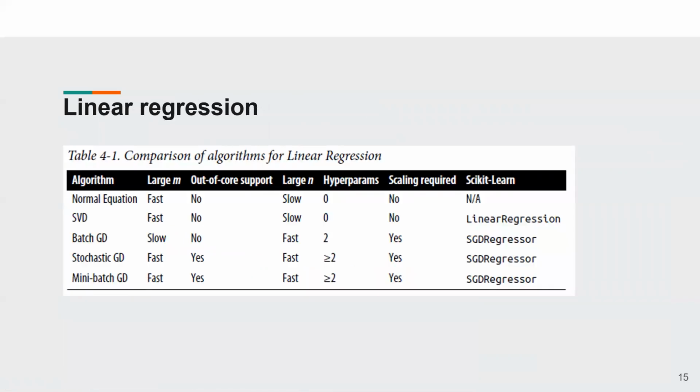This is a comparison of what we have learned so far for linear regression. We studied normal equation, SVD, batch gradient descent, stochastic gradient descent, and mini batch gradient descent.